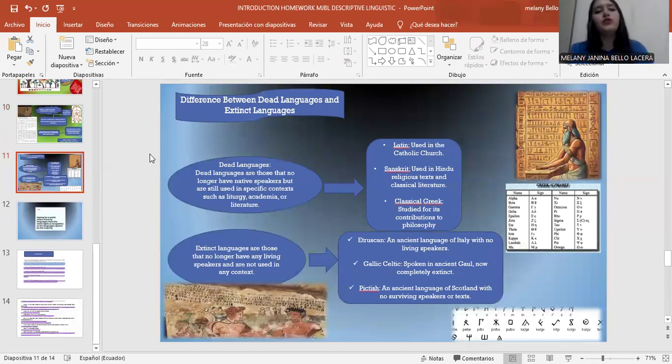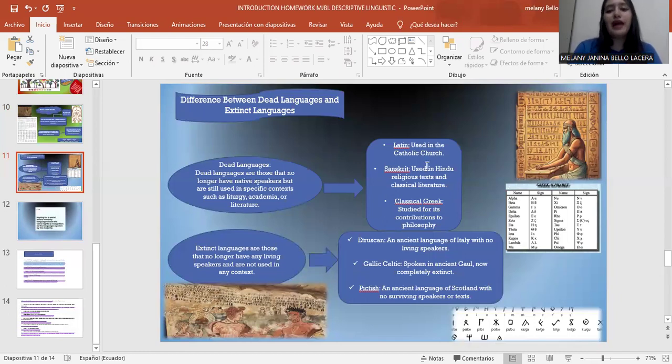And to conclude, we have the difference between dead languages and extinct languages. Dead languages are those that no longer have native speakers but are still used in a specific context, such as liturgy, academia, or literature.